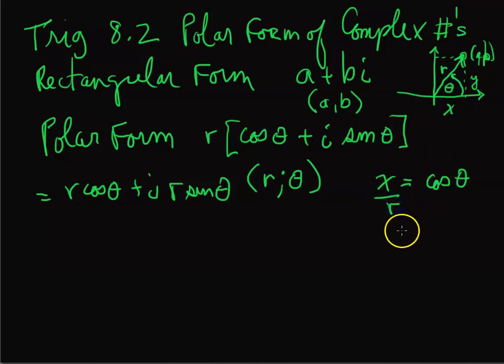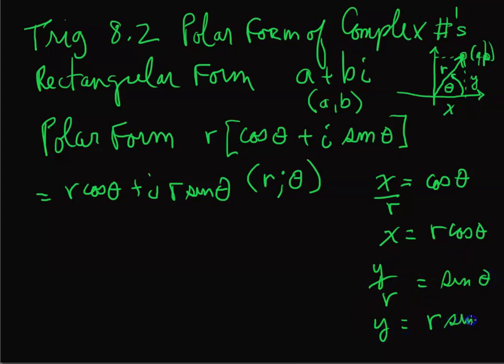So x over r is the cosine, so what is x? r times cosine theta. That's this part right here. So it's just the a, or the x, changed into using r and cosine theta. y over r is the sine of theta, so y would be r sine theta, and this b becomes r sine theta, and you put the i first just because it looks nice.